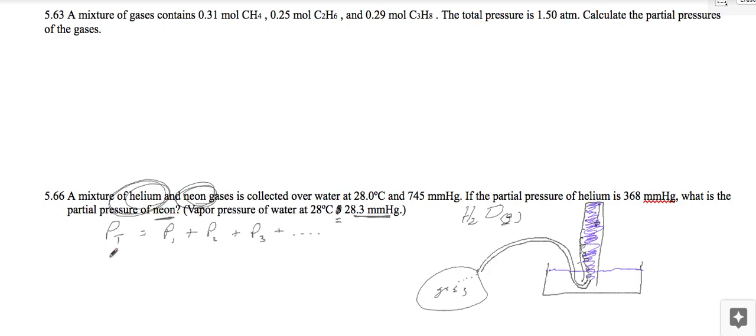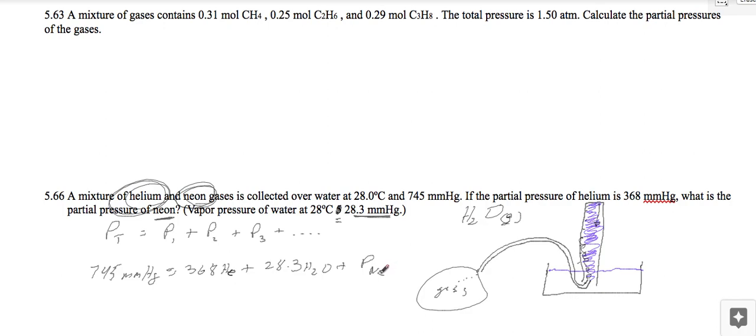So we can say the total pressure is 745 millimeters of mercury. We have an initial pressure of 368 for the helium. I'm just going to use helium here. We have then an initial pressure of 28.3 for the water, and we're looking for the pressure of the neon.